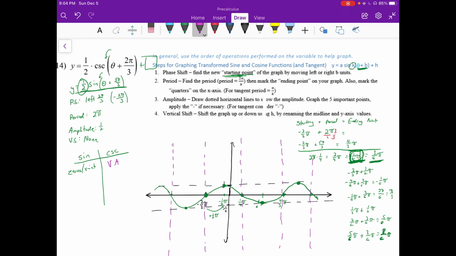We take our highest points, put a point there, and then we go towards the vertical asymptotes, the ones below the x-axis. We come down, and the purple part there is the cosecant graph.